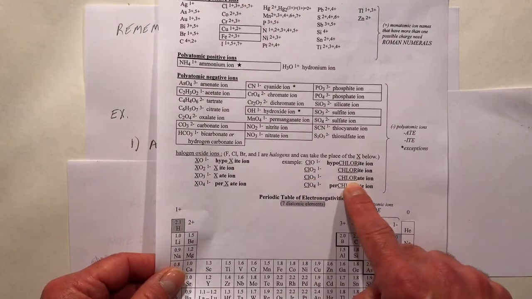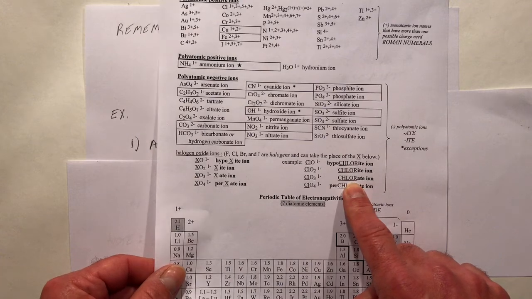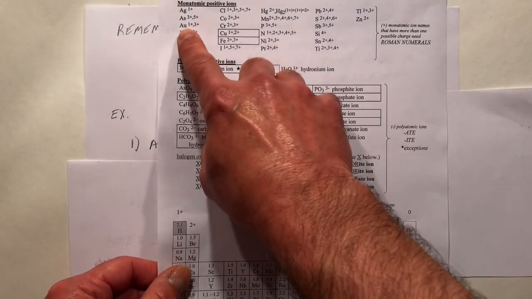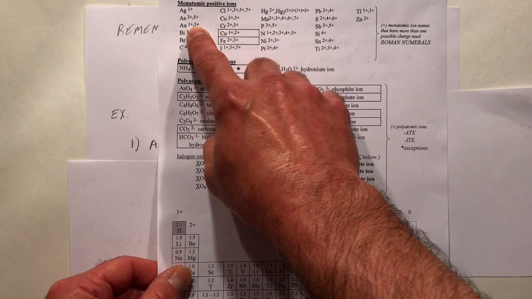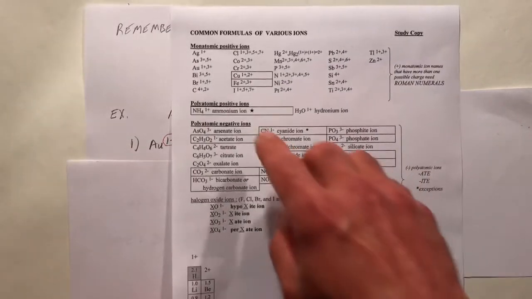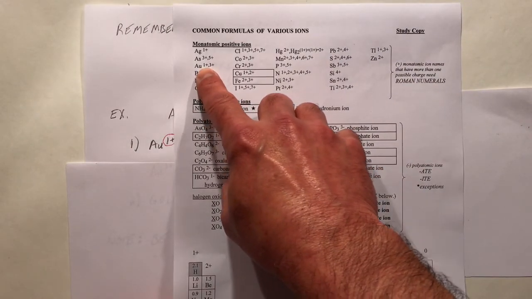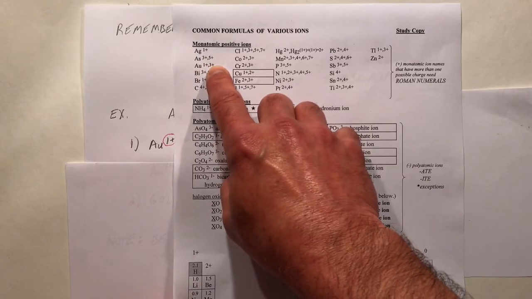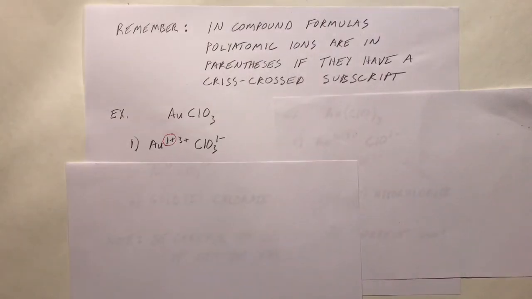So we're going to have some type of a gold chlorate. Is it gold 1, crisscrossing the 1 plus charge, Roman numeral 1, or gold 3, Roman numeral 3, for the 3 plus charge?